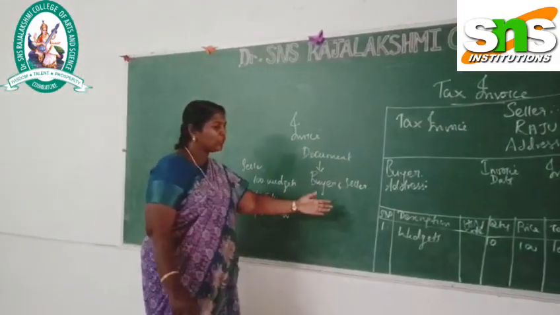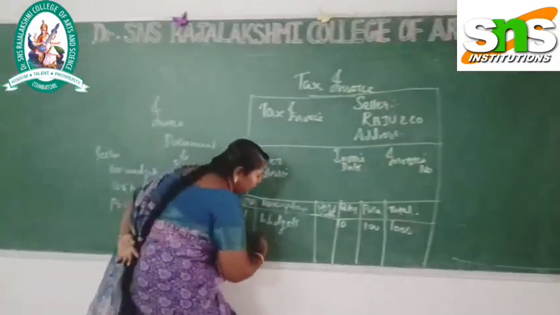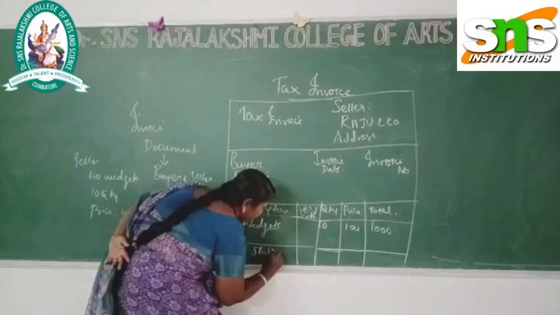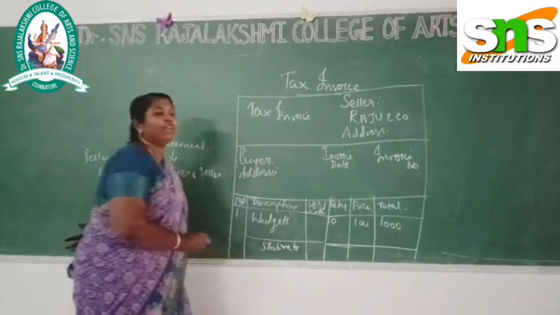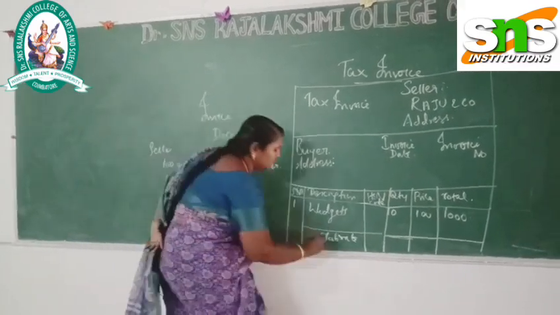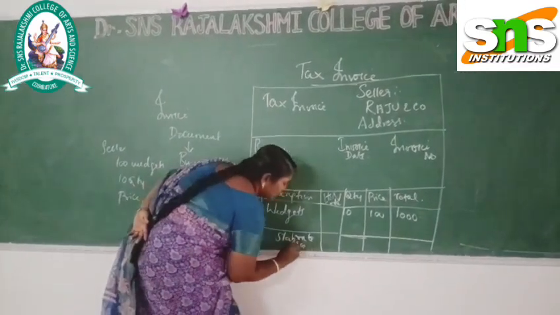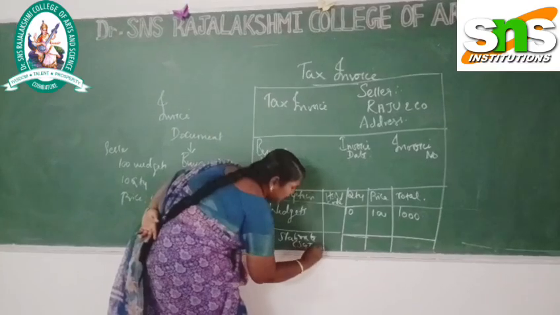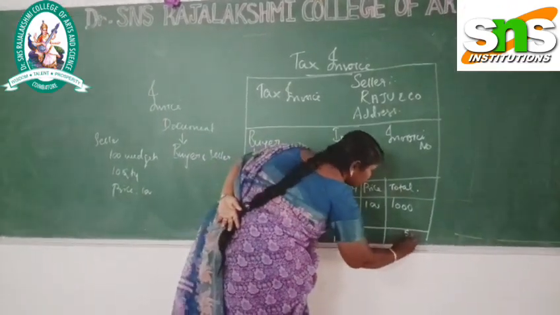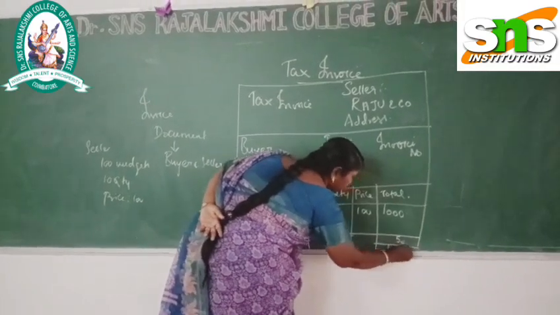Based on this, we also have a slab rate of GST, whether it is central GST or state GST, which we have to mention here. CGST at the rate of 5% is 50. So the total is 1050.